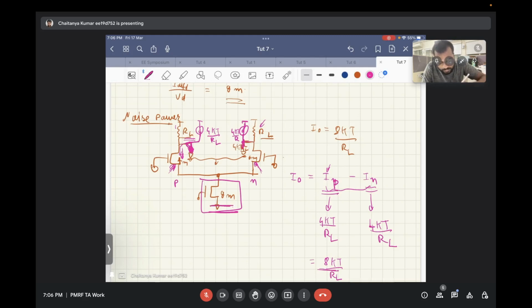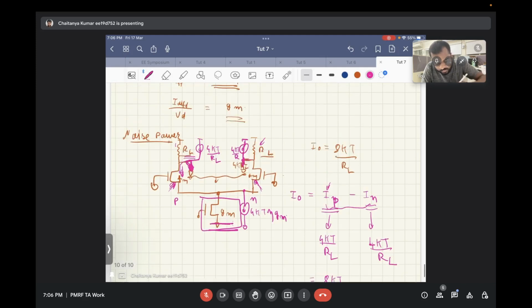Correct. But the noise from this particular tail current source, what will it do? Let's say there is 4kT eta times gm over here. These two circuits are symmetric, so whatever noise current this gives, IN, will divide itself equally into both the circuits.